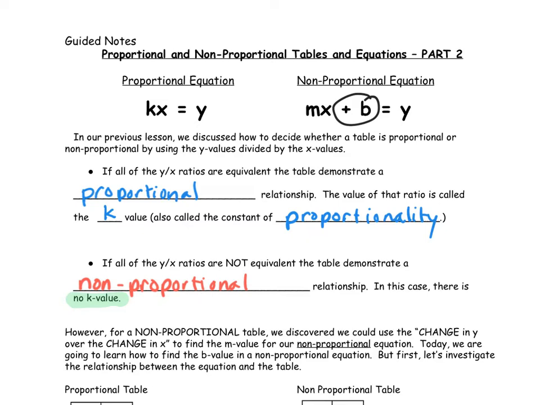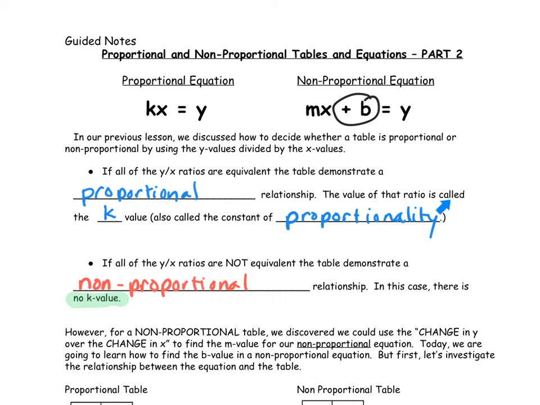So let's continue. In our previous lesson, we discussed how to decide whether a table is proportional or non-proportional by using the y values divided by the x values. If all of the y divided by x ratios are equivalent, then the table demonstrates a proportional relationship.